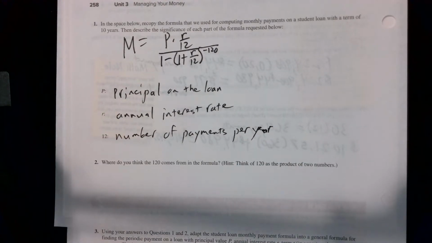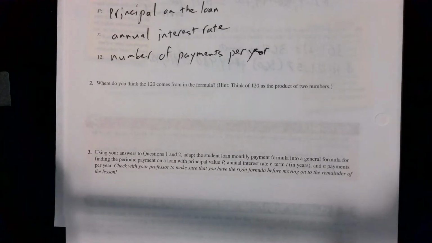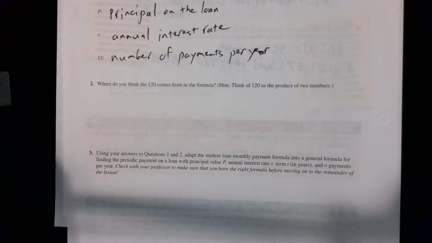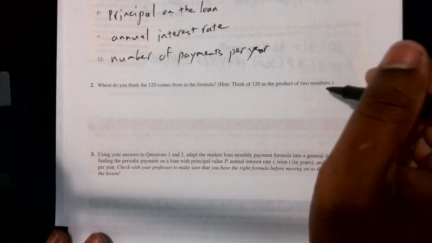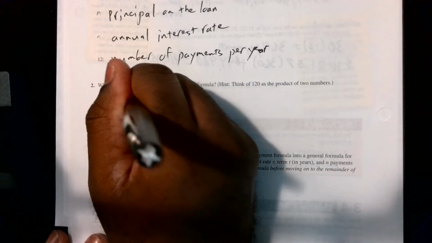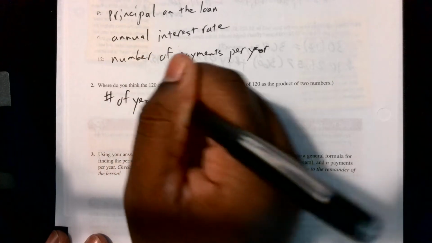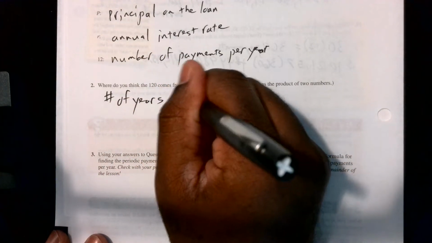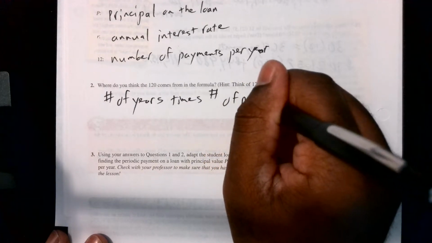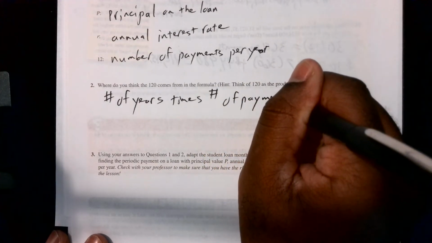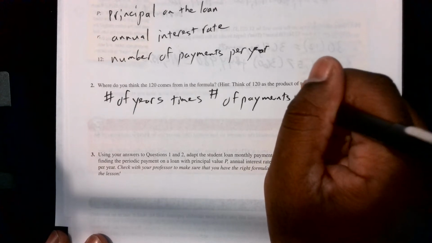Now number 2. It says, where do you think the 120 comes from in the formula? Hint, think of 120 as the product of two numbers. So it's the number of years times the number of payments per year.